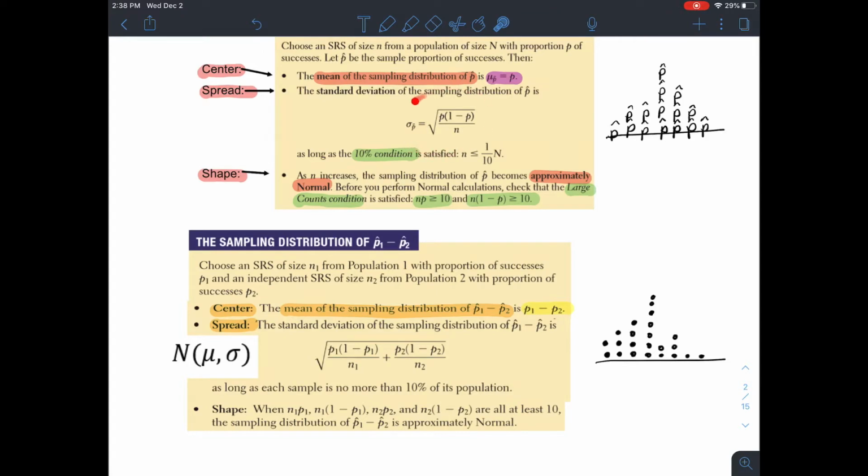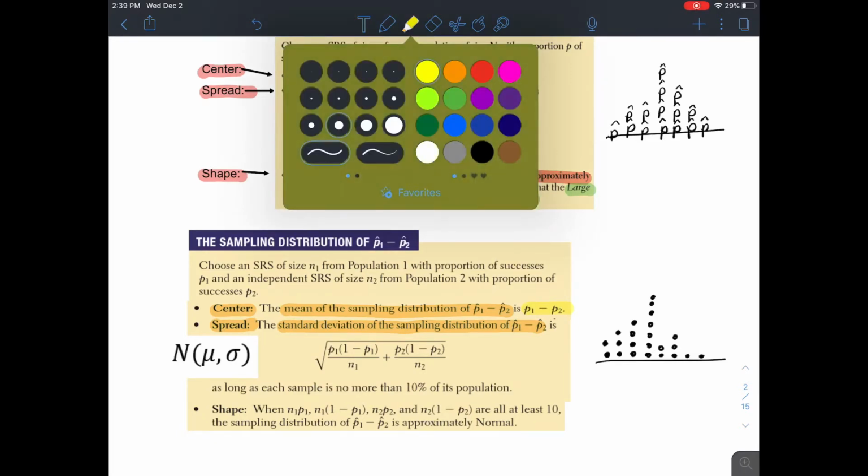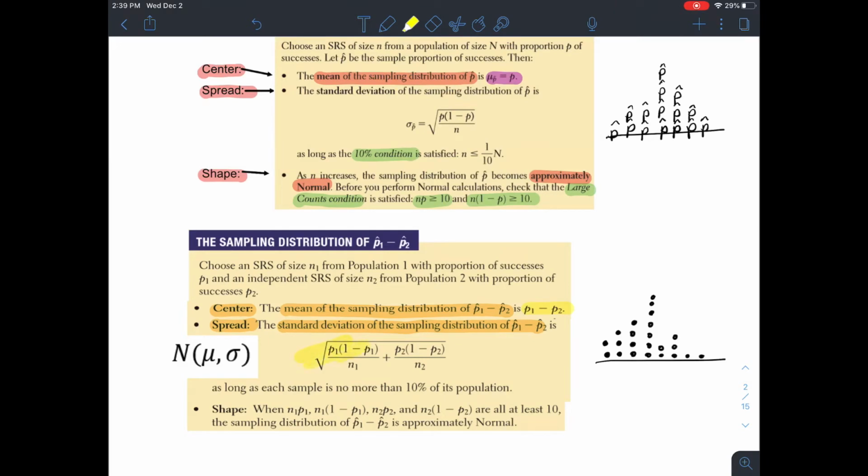I'm just going to erase this because it's a little bit hard to see there. This was on the formula sheet for how to get the standard deviation of a sampling distribution for p hat. If we want the standard deviation of a sampling distribution for the differences in two sample proportions, this just feels like an extension of this formula up here.